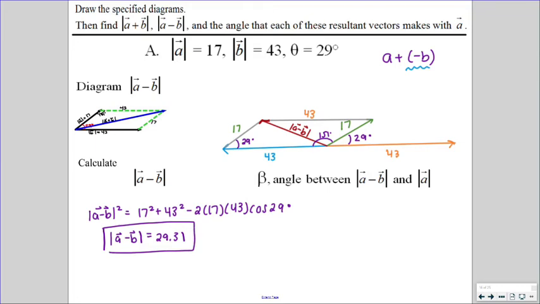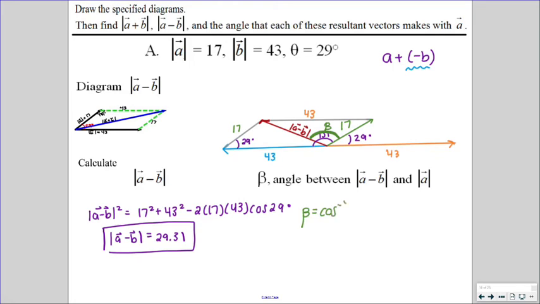And then beta, the angle between a minus b and a. Now this is where it gets a little bit harder to see maybe, but beta is going to be this angle in here, between a minus b and vector a. So that's what we're trying to find. Again, just like I did with alpha, I'm going to use the law of cosines.